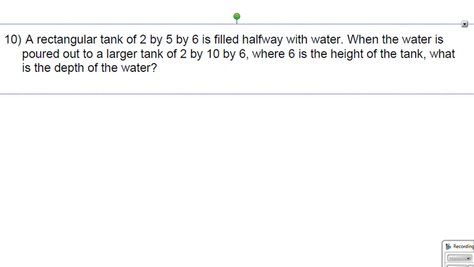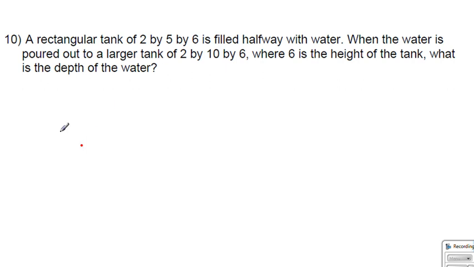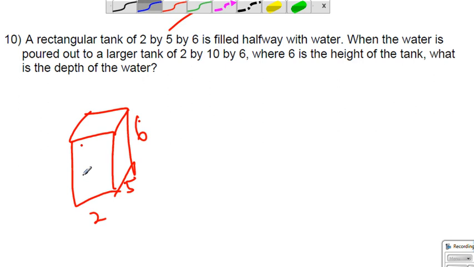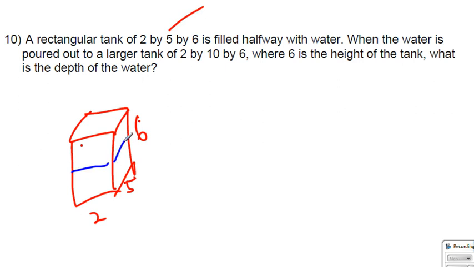Number 10. Now we have a rectangular box. This is 2 by 5 by 6. Fill it halfway, somewhat about here. That means essentially the height is 3, which we are looking, height of the water.